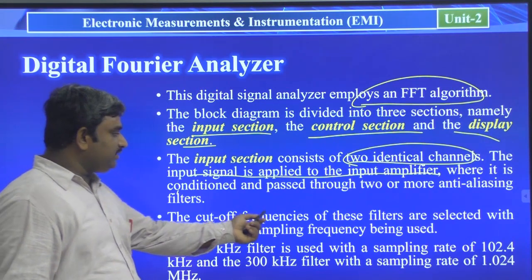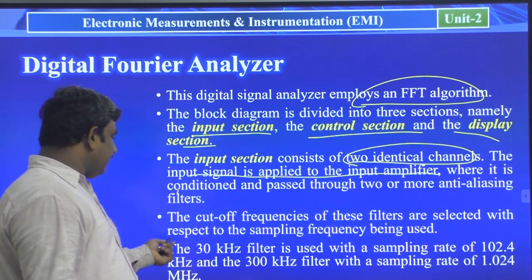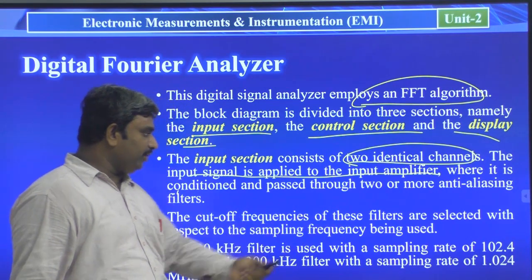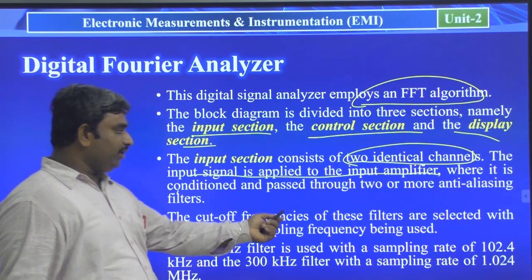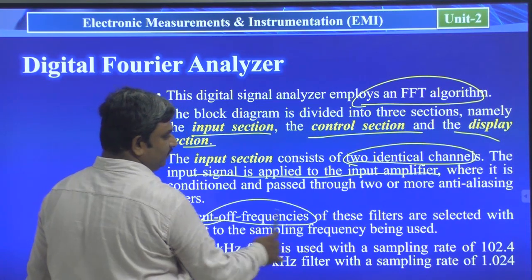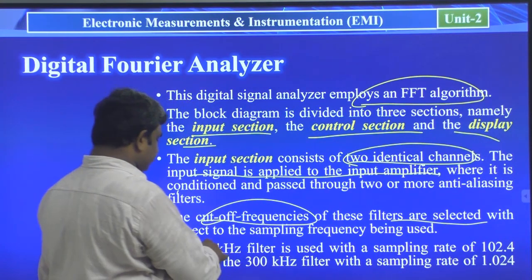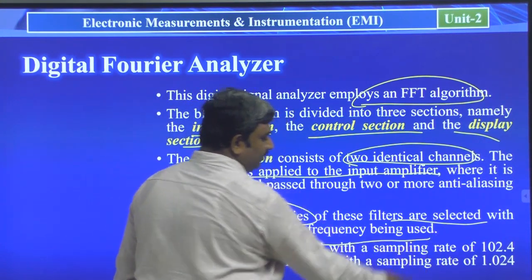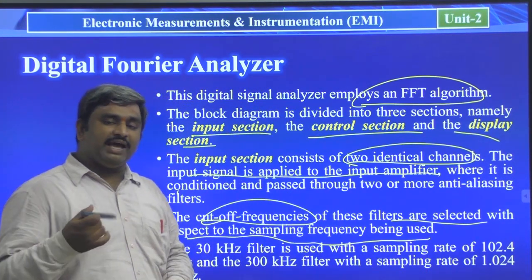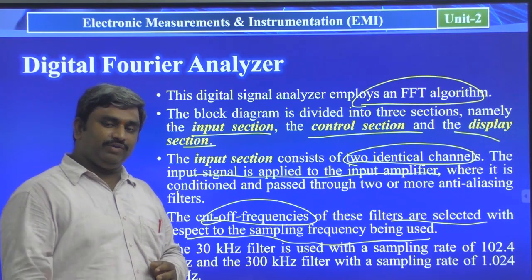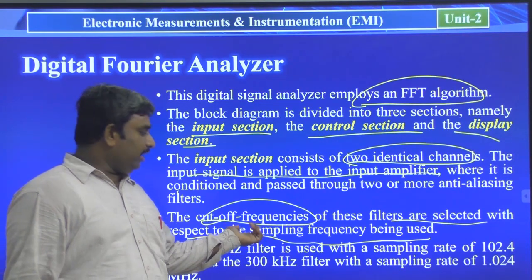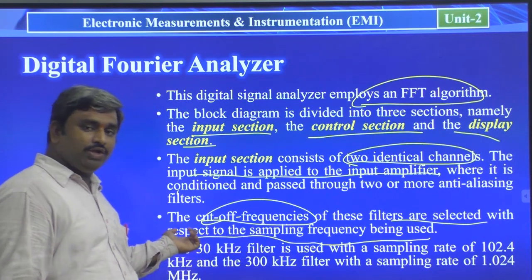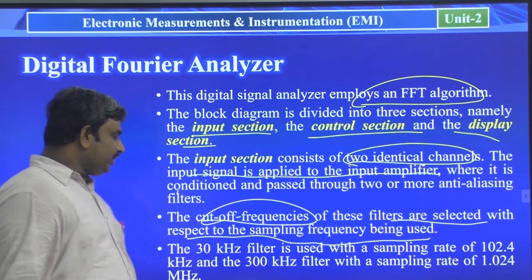The cutoff frequencies of these filters are selected with respect to the sampling frequency being used. Whatever the sampling frequency you are using, based on that you select the cutoff frequency for the filters.